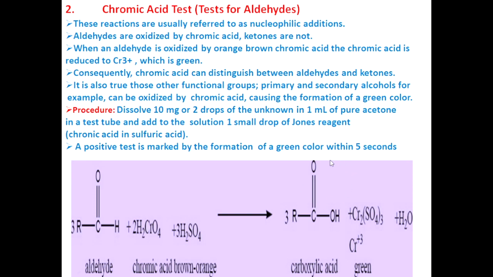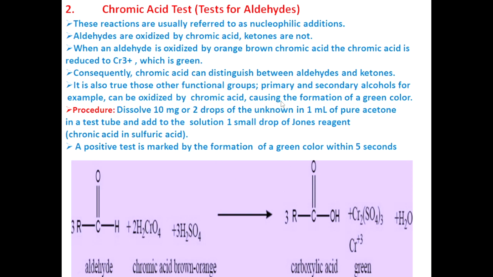Now, what is the procedure for this reaction? Dissolve 10 mg or 2 drops of unknown compound in 1 ml of pure acetone in a test tube and add to the solution 1 drop of Jones reagent, or chromic acid in sulfuric acid.